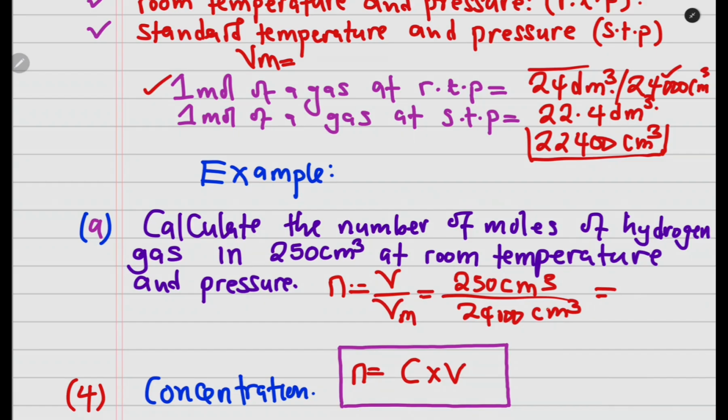If you divide this, the zeros cancel out, so it's just 250 divided by 24,000. What is the answer?